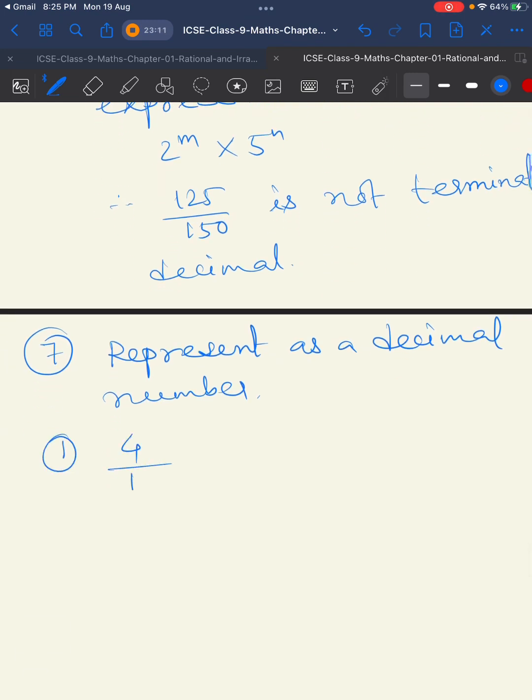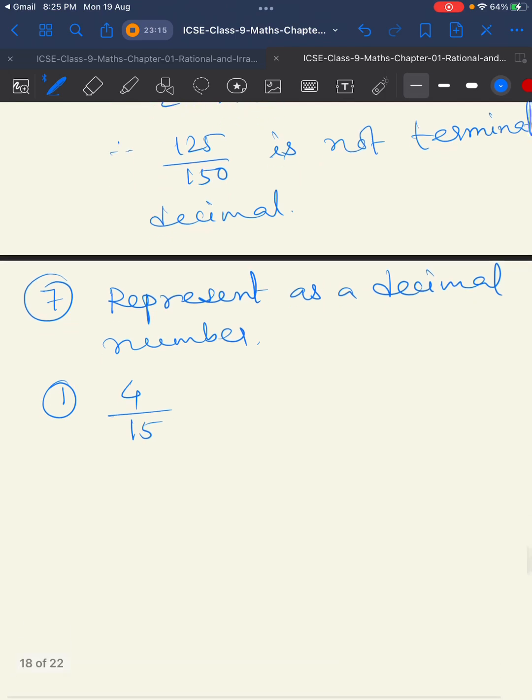So first question is 4 by 15. Now 4 divided by 15. So here 4 is less than 15, so now we will put a decimal point in the quotient.